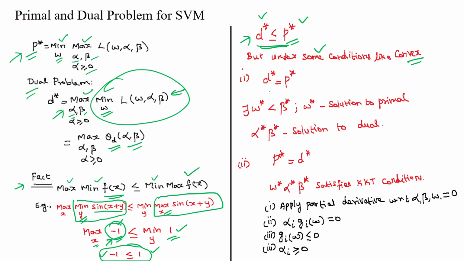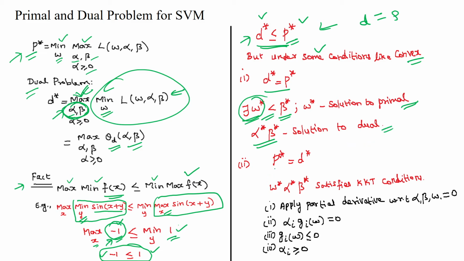The first is when we take these two conditions, where w star is the solution to the primal problem, because the primal problem is a minimization problem, so it will have the minimum value. But alpha comma beta are trying to maximize the problem, which will give you the solution for the dual problem.